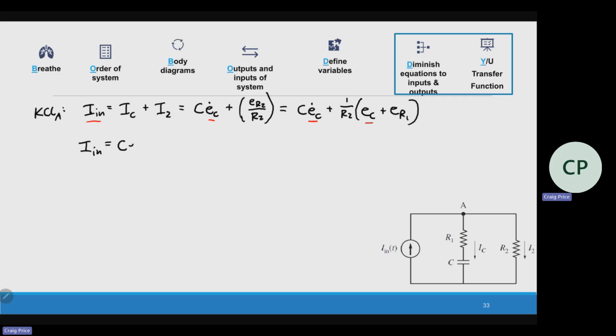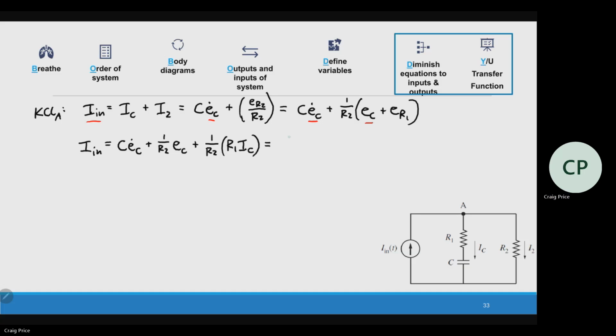So let's rewrite it. I like this, but I want to replace ER1, and again, I look back at my definitions. I have a definition for ER1. R1 IC, because it has the same current as the capacitor.